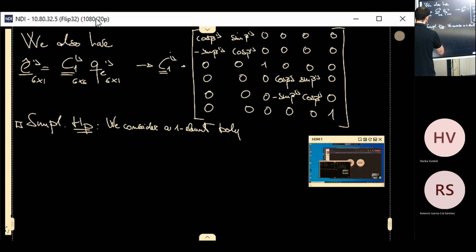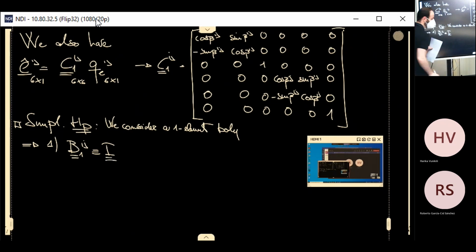This has two consequences. The connectivity matrix is the identity matrix. There is nothing to connect.